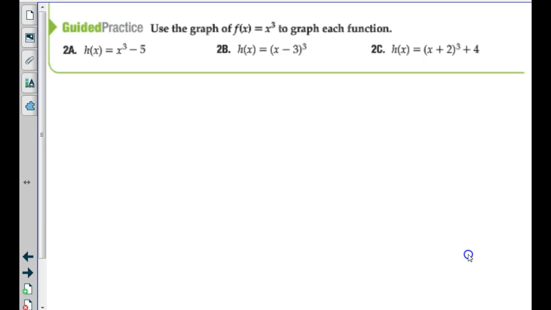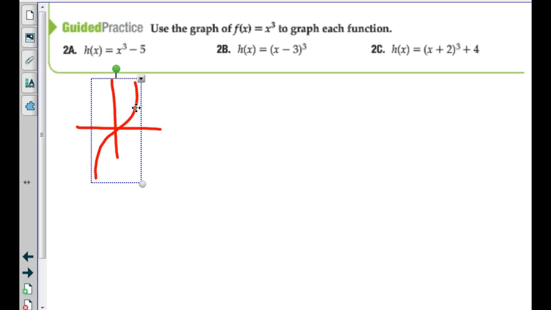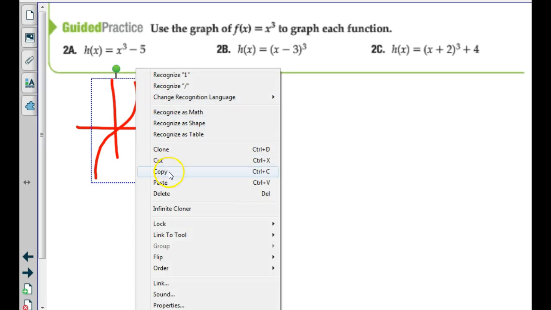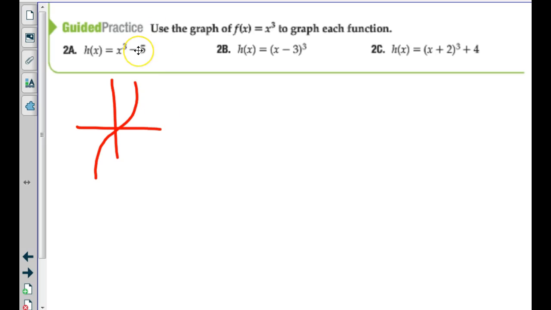All right, so we're supposed to practice with a cubic. I don't think you have this practice, but just describe for me what would happen. If this is my original, okay, so I have this graph, what would I do to it? This one would move it where? Down 5.